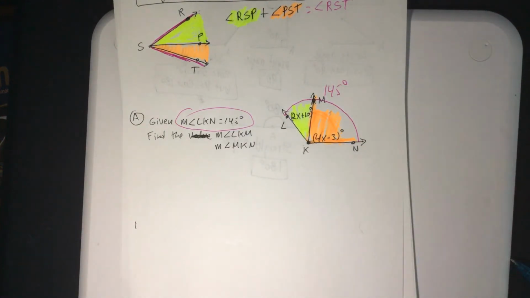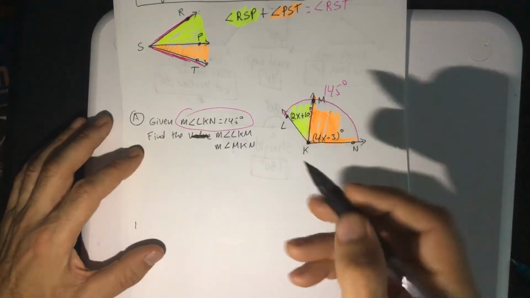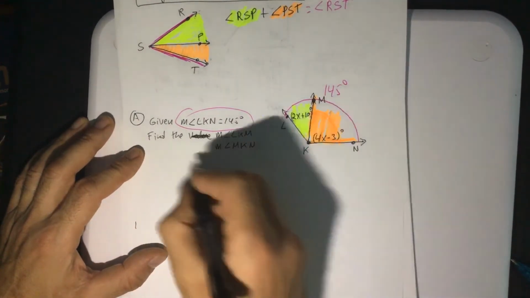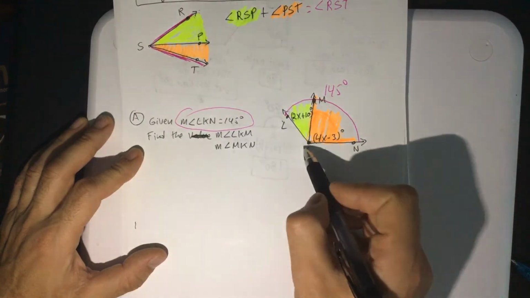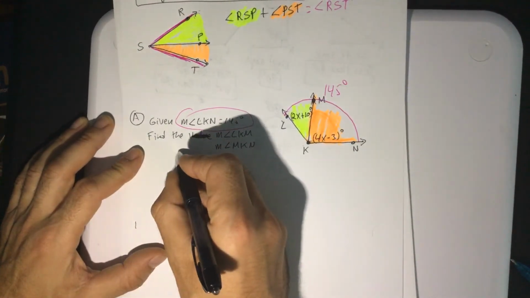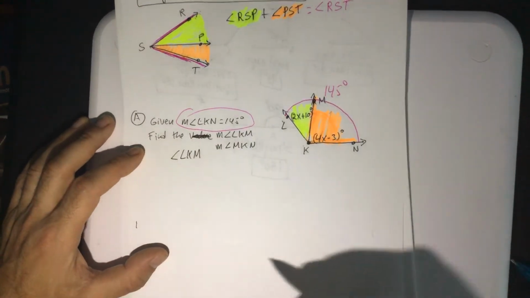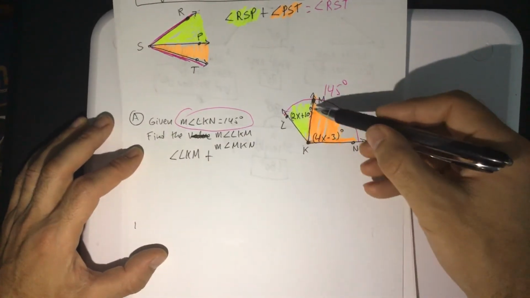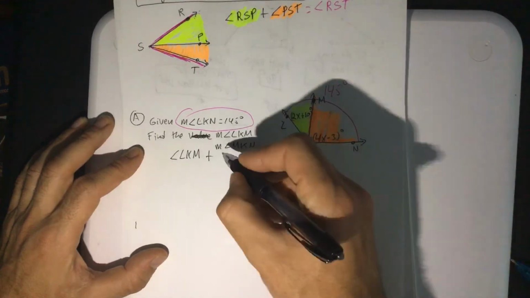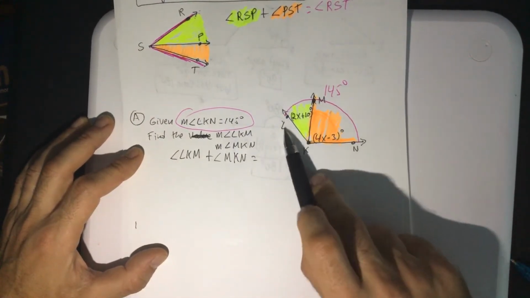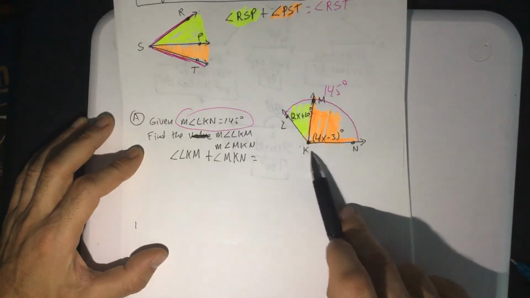So let's set up the equation. Angle LKM plus angle MKN is equal to angle LKN.